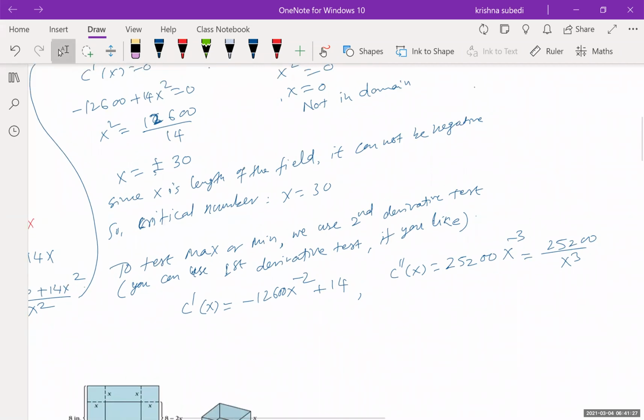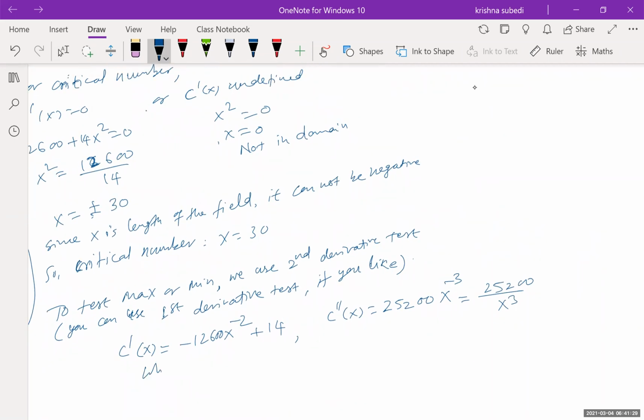Now, when x equals 30, your second derivative is going to be 252 over 30 cubed. Clearly, this is positive, right? There is no negative sign. So if the second derivative is positive, that means concave up.